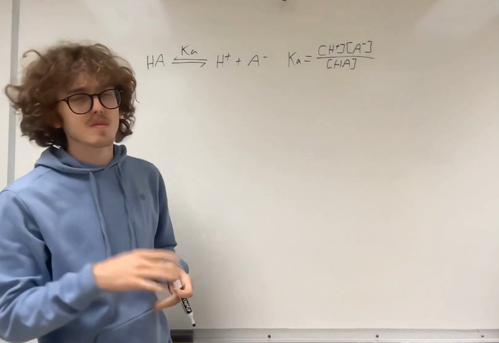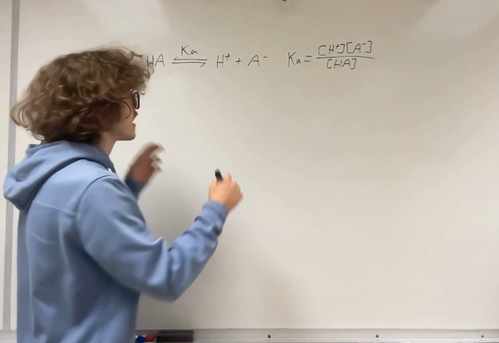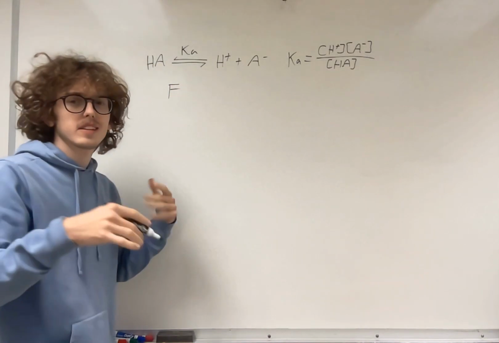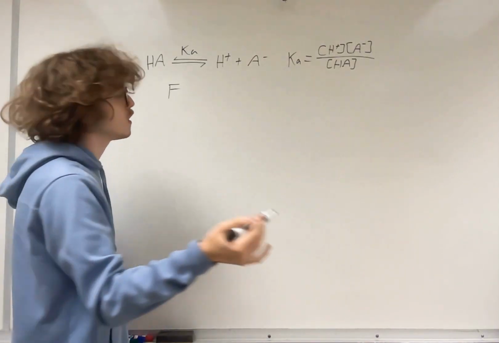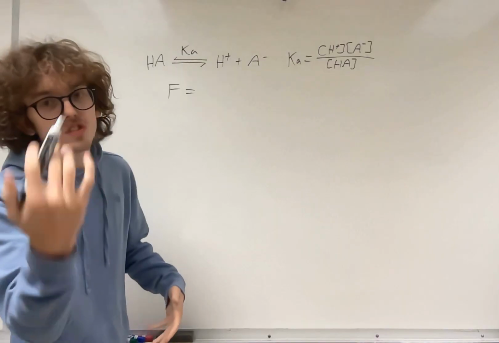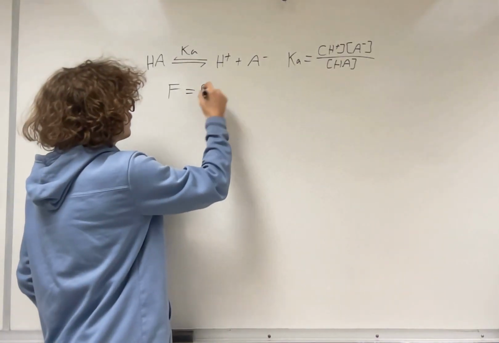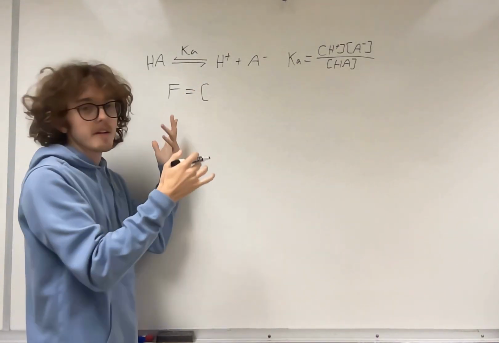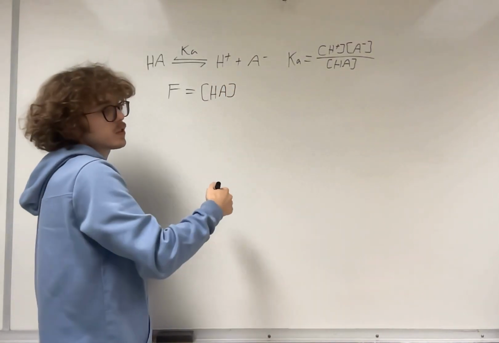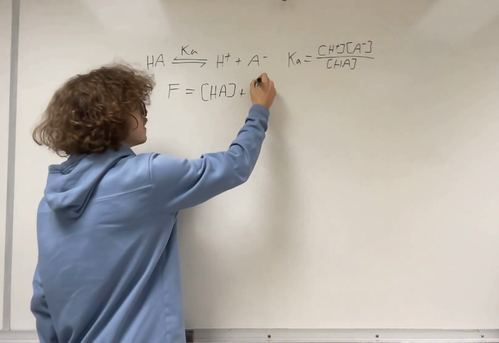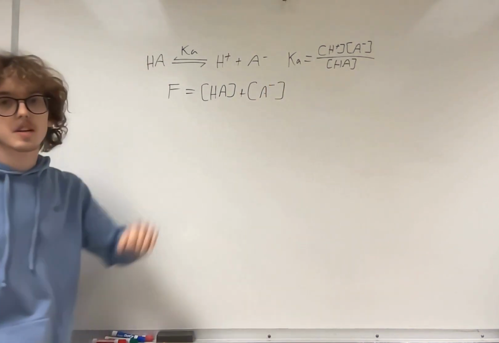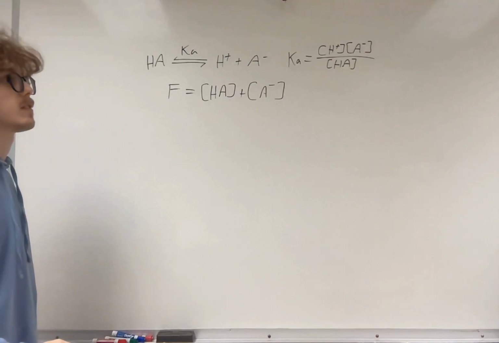Hopefully you are familiar with the mass balance. It just says, for all the acid I add in, the formal concentration of all the acid at equilibrium and all the species of the acid can be described as the formal concentration, F, is equal to the molarity of the undissociated acid plus the concentration of the conjugate base, A minus.